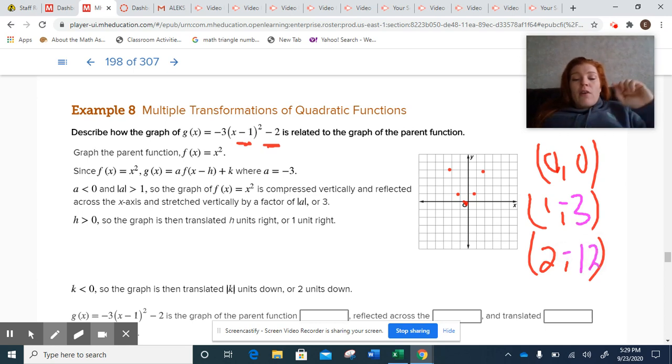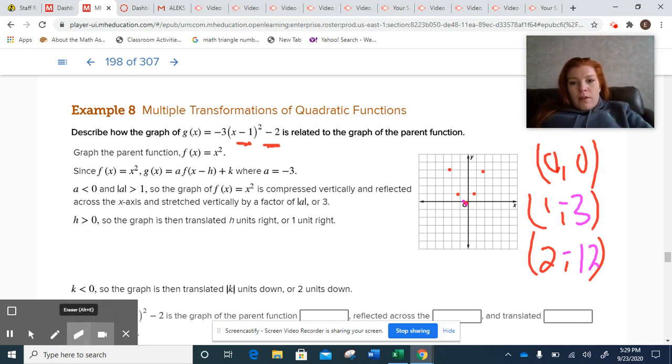And I can tell you right now, the -12 isn't even going to show up on our graph. So technically, we're only going to have 3 points, but we can kind of eyeball where it would go if it did go somewhere. Okay, so let's go ahead and flip over these points. So 0, 0 stays. I'm going to erase the 3 that we have, or the points that we have, because I know that we already found our new ones.